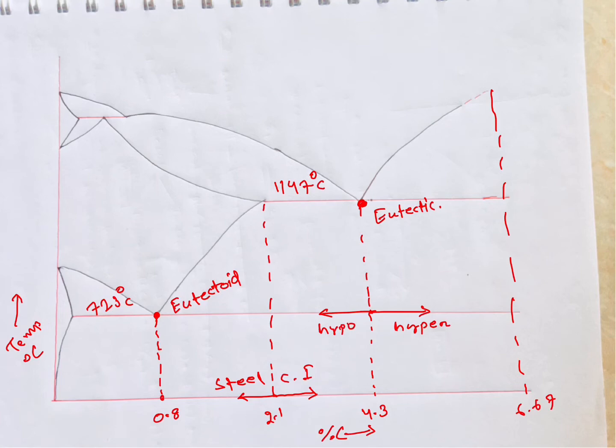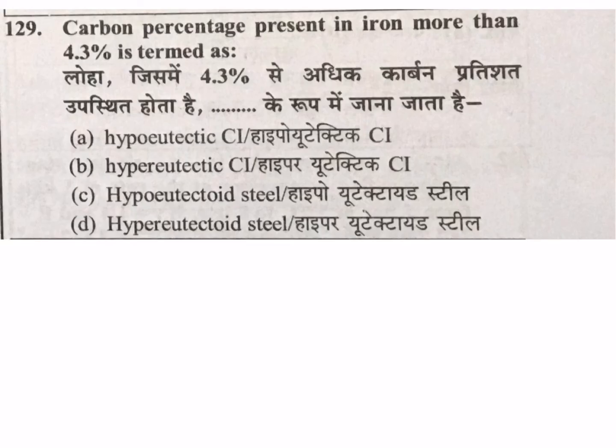Here also eutectoid point, right side hyper, left side hypo. Left side hypoeutectoid steel, right side hypereutectoid steel. Here also in cast iron area you will get hypoeutectic cast iron, then hypereutectic cast iron, around 4.3%.